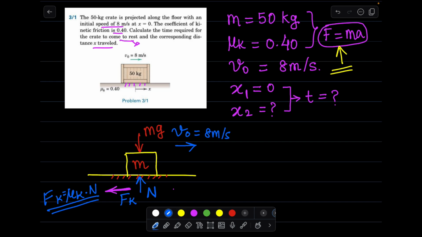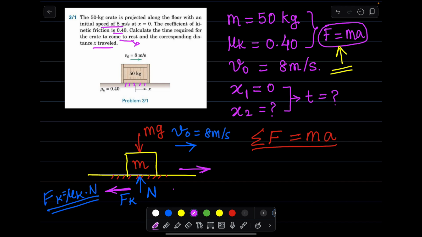Okay, so now we will apply Newton's second law. As you know, Newton's second law, we write F is equal to ma in simple terms. The next step, when we make a free body diagram, is to choose a suitable coordinate system. You can see that the motion in this picture is rectilinear, or linear.